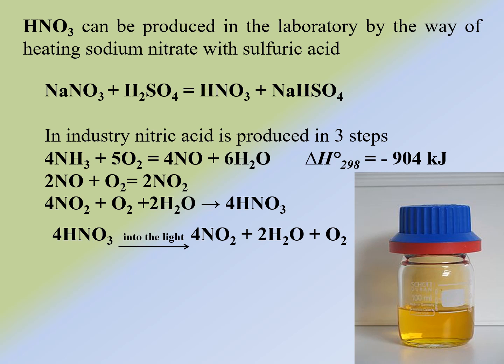And another way to produce it is to take a saltpeter, like sodium nitrate, and run the reaction with concentrated sulfuric acid. There will be NaHSO4 or Na2SO4, and HNO3 will be released as a gaseous substance because it's more volatile than H2SO4.